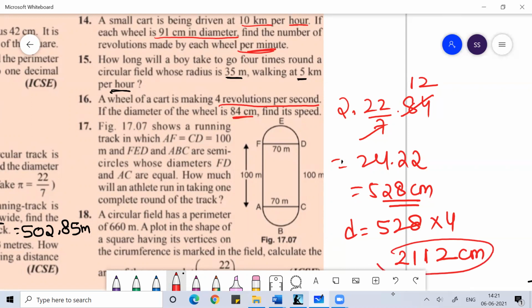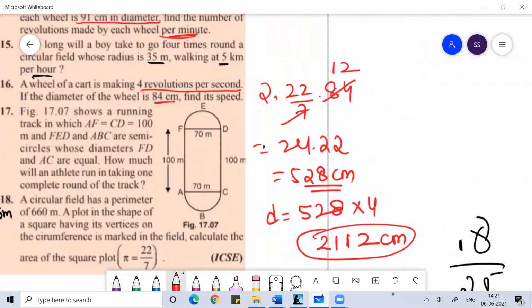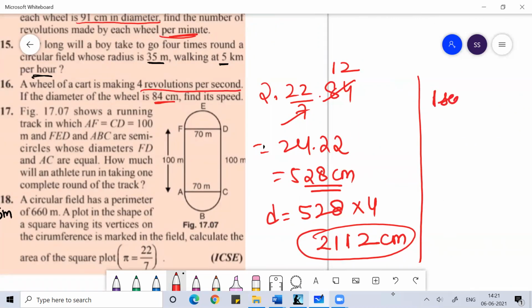So this is the total distance this is covering, and the speed is given. The wheel is making 4 revolutions per second. So what is the speed in kilometer per hour? In 1 second, it does 2112 centimeter.